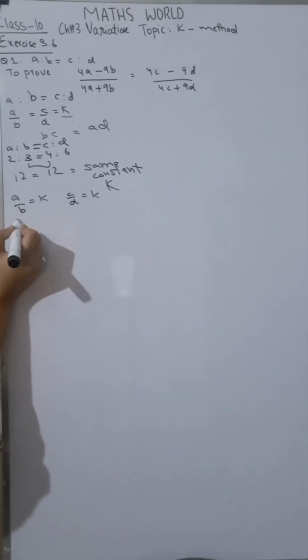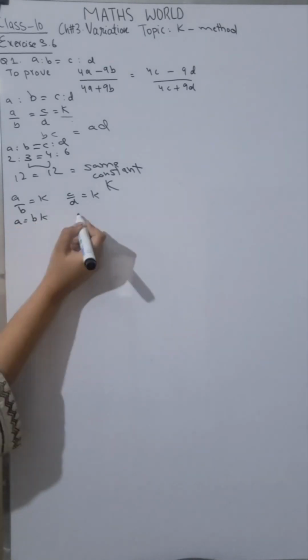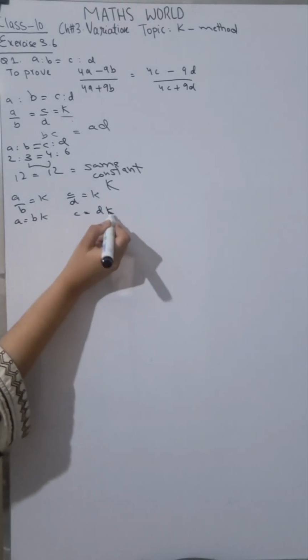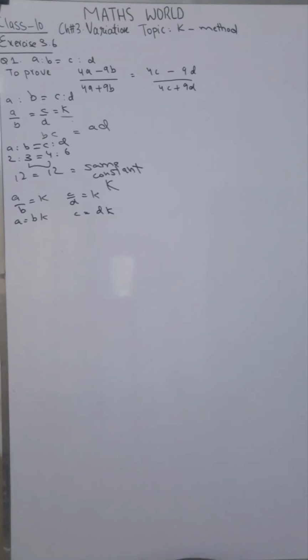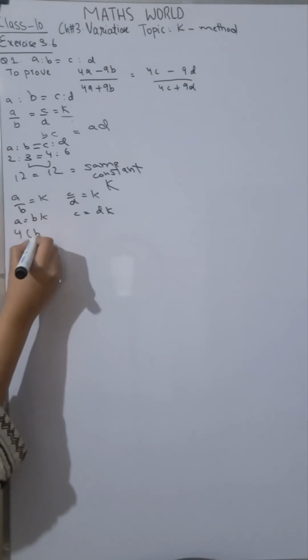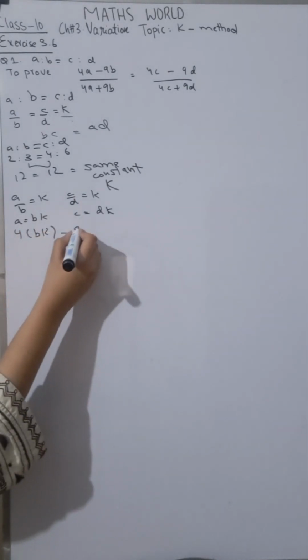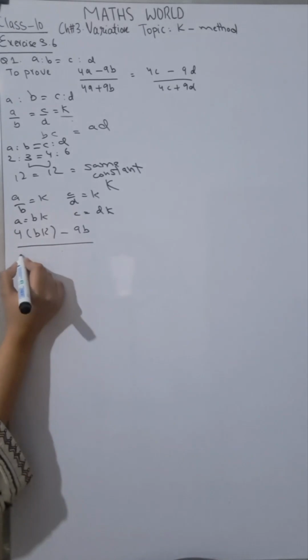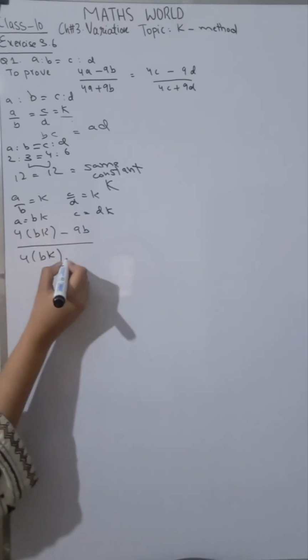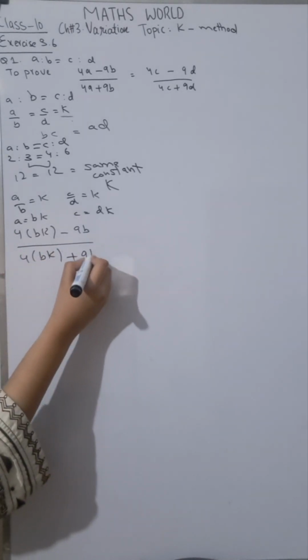Then A equals BK and C equals DK. These are the constant values that you are going to put in the places of A and C. Now let's start. 4A minus 9B becomes 4BK minus 9B, divided by 4BK plus 9B.